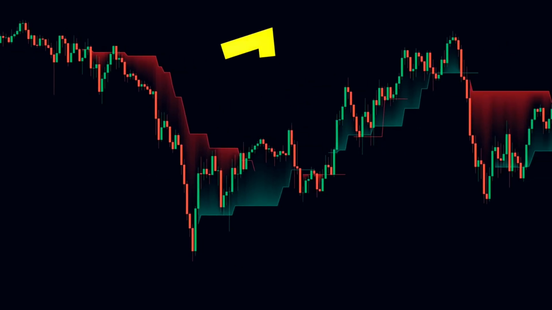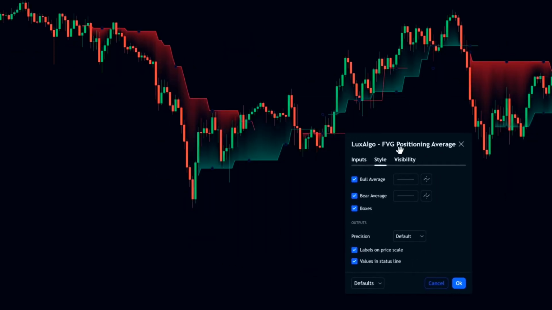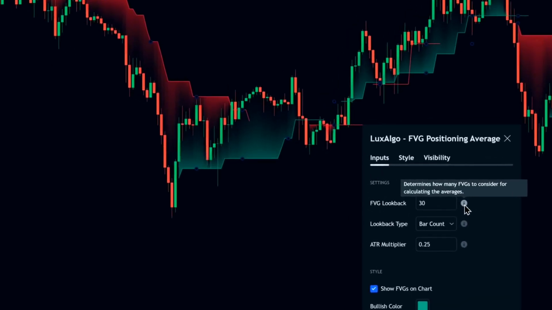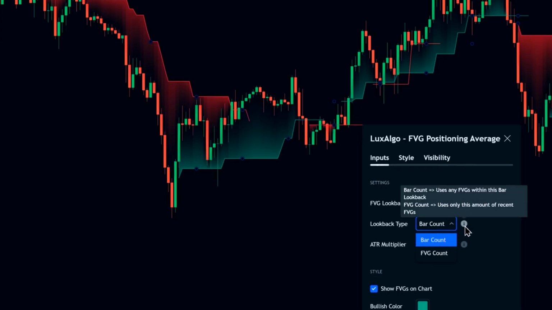Now, regarding the indicator settings, we can adjust the FVG lookback length, which determines how many FVGs are considered in calculating the trend averages. There's also a lookback type setting, which can either count bars, using any FVGs within a specified number of candles, or FVG count, using only the specific number of FVGs.